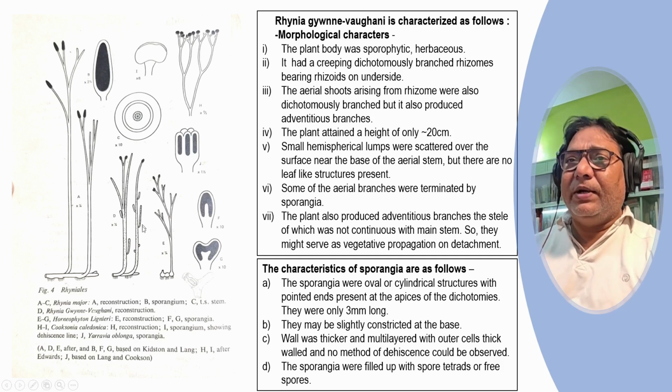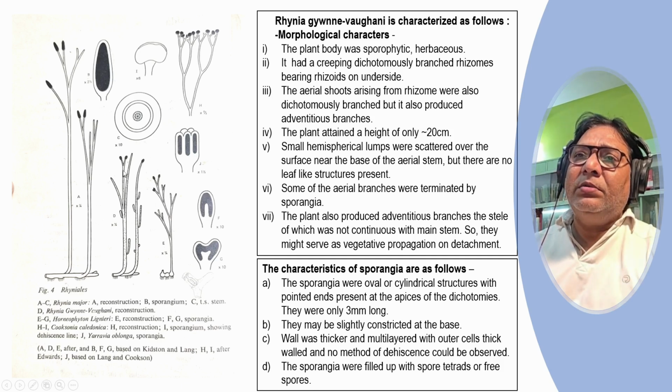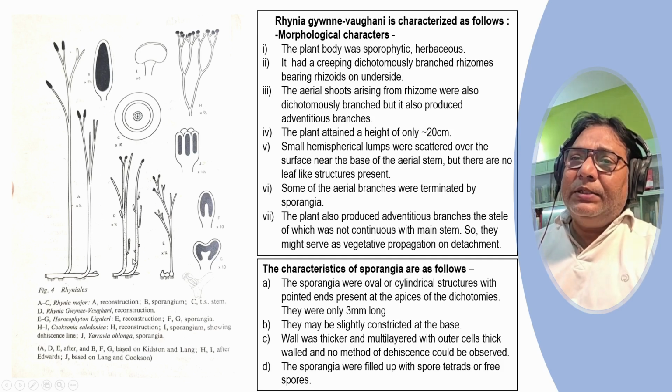Size-wise, they're different. In Rhynia gwynne-vaughanii, there is a horizontal rhizome from which the aerial axis arises, goes upright and divides dichotomously later on. Some branches bore sporangia, some did not. And there are some other branches coming from the sides.